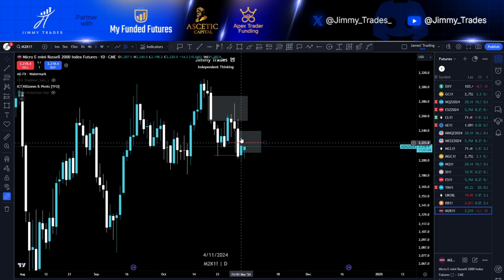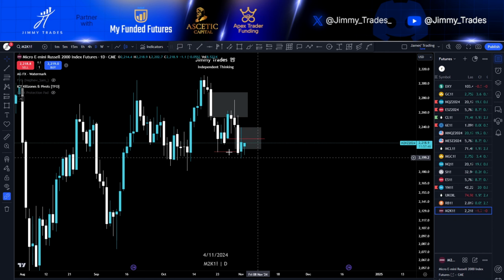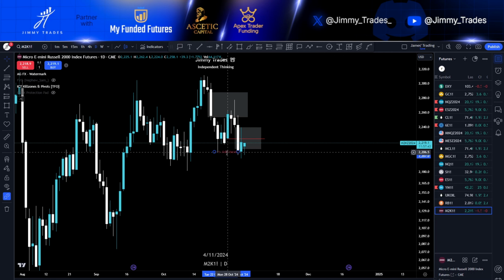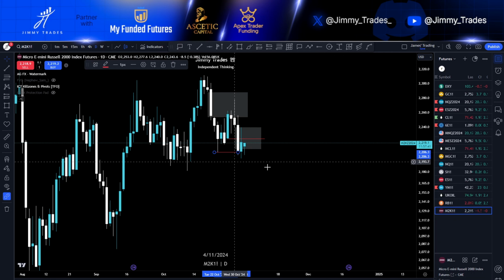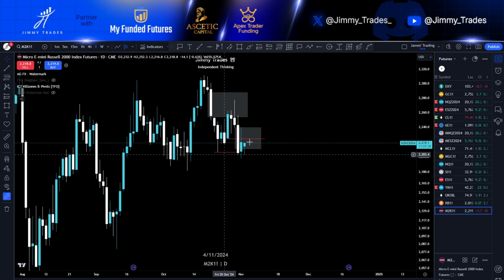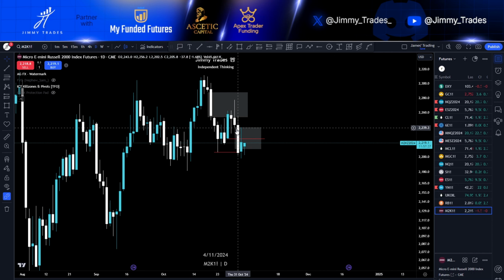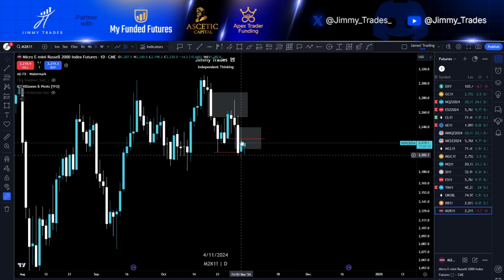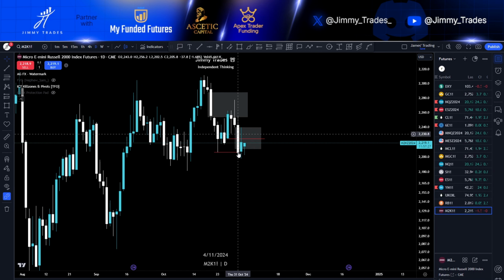You see that reaction there. So we've filled this void that was here and closed in below the body range, below the 50%. So we're unable to move higher there.